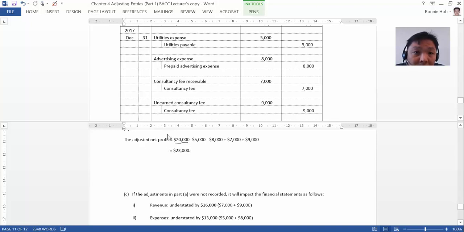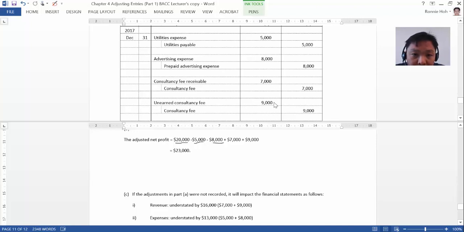Remember? So let's look at them one by one. The first journal entry, there's an expense account here, right? So this expense 5,000, and then here another expense 8,000. So 2 expense accounts. When you have expense accounts, it will reduce profit. That's why you minus the 2 expense accounts.